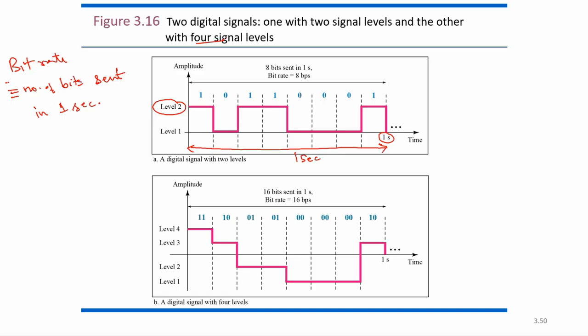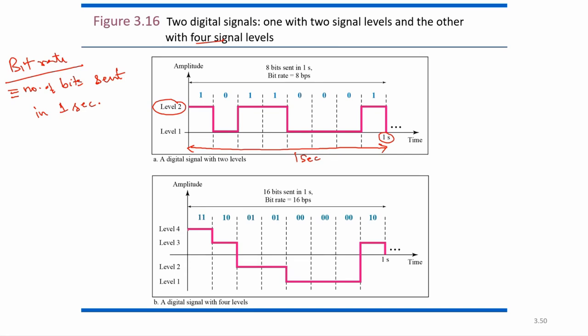So we can write: bit rate equals the number of bits sent in 1 second. In this case, the bit rate is 8 bits per second. The unit for bit rate is bits per second.